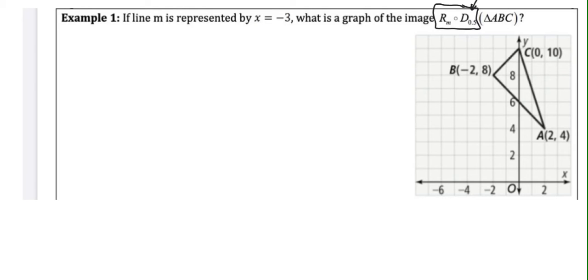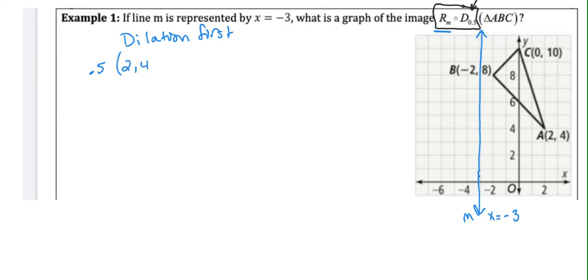So remember, dilation first. Then we do our reflection over M. We can draw that reflection line of M. Here's our reflection line because it's x equals -3. This is line M. But first we want to do our dilation of 1/2. So we need to multiply each coordinate by 0.5.